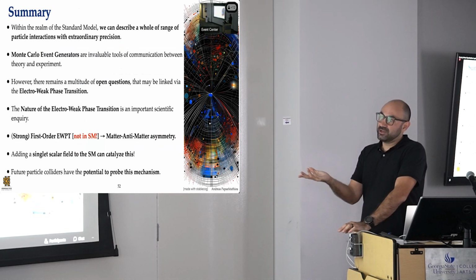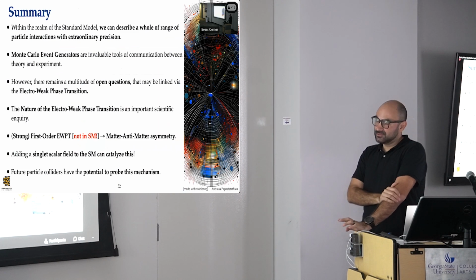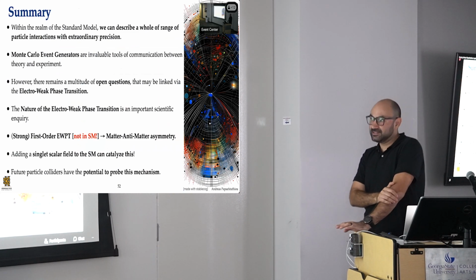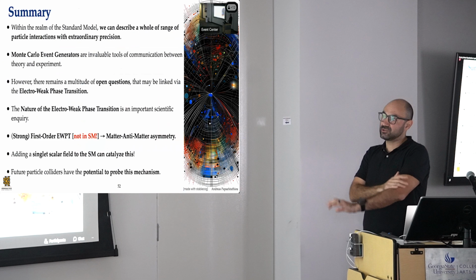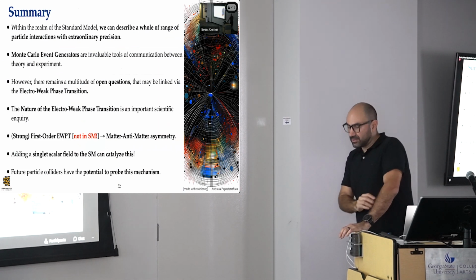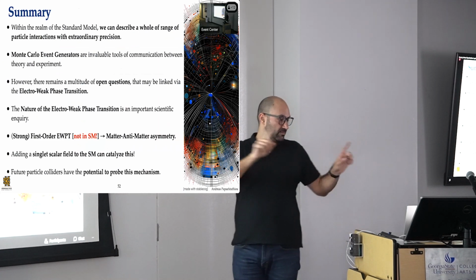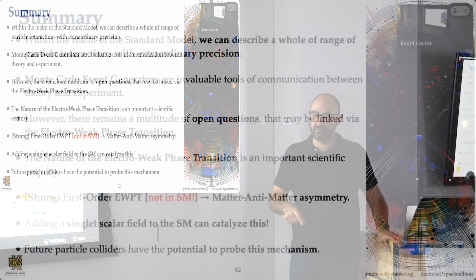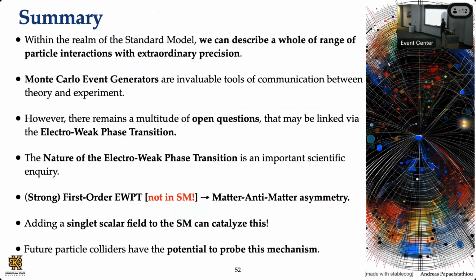And there are many open questions, and I tried to motivate the fact that they may be linked via this mechanism of the electroweak phase transition. So the nature of this transition is a question that we want to answer. It's in itself a very important scientific question.